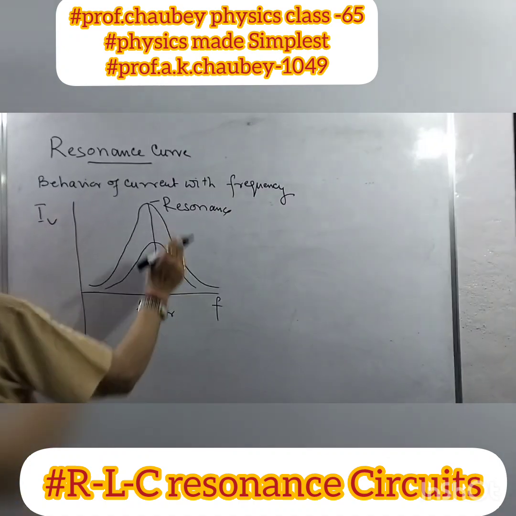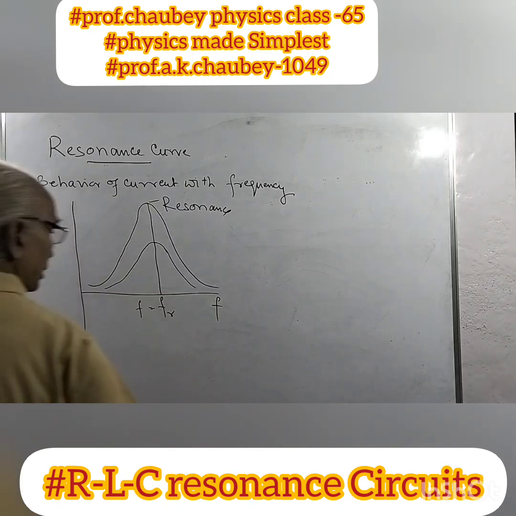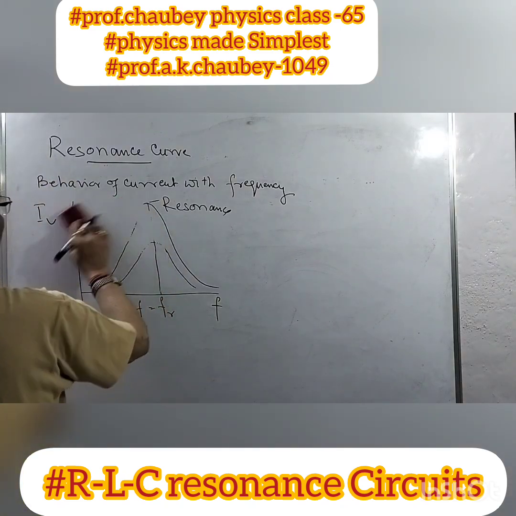How the current is varying with frequency in series resonance. I think this is an important thing, that there is a resonance frequency for which current becomes a maximum.